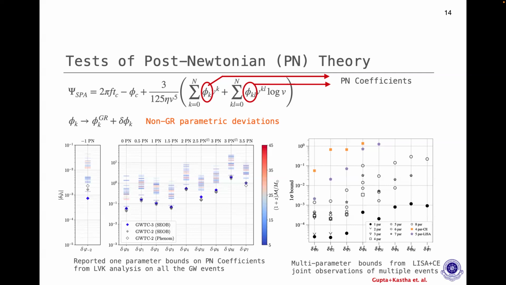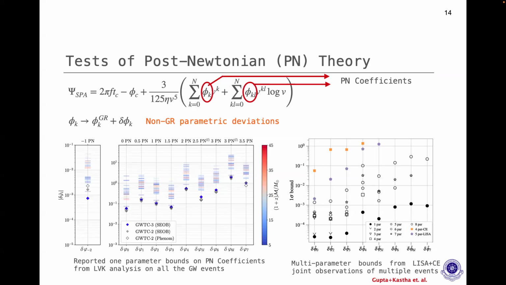Yes, that's for the phase. But which of the post-Newtonian coefficients is it a correction to? Delta phi 0 is the 0 PN deviation to the 0 PN coefficient. Delta phi 1 is the deviation to the 0.5 PN coefficient, and so on.